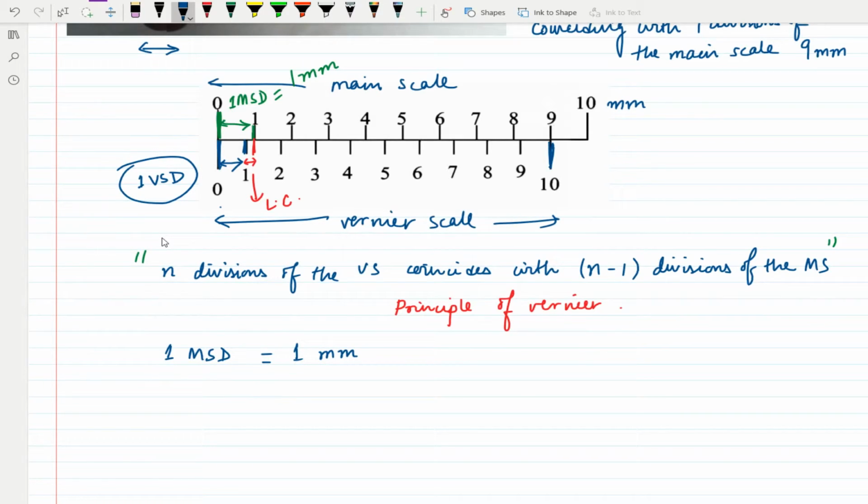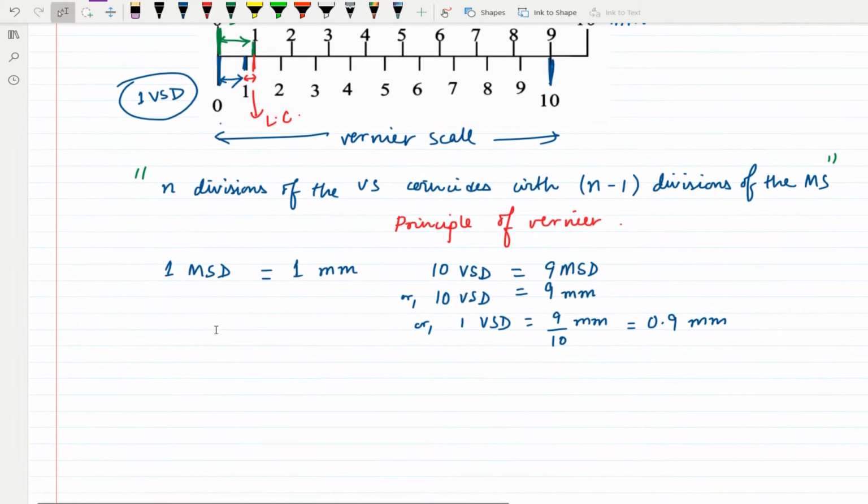So from the principle of vernier, we have 10 vernier scale divisions equal to 9 main scale divisions, or we can say equal to 9 millimeter. So 10 vernier scale divisions equal 9 millimeter, or 1 vernier scale division is equal to 9 by 10 millimeter, which is equal to 0.9 millimeter.